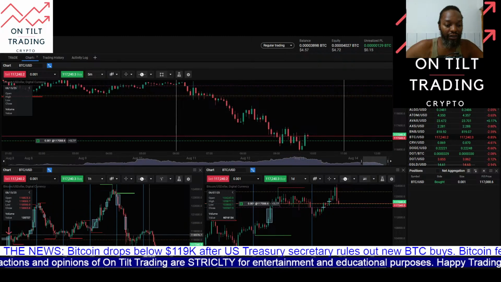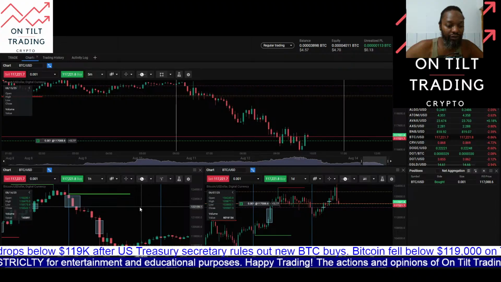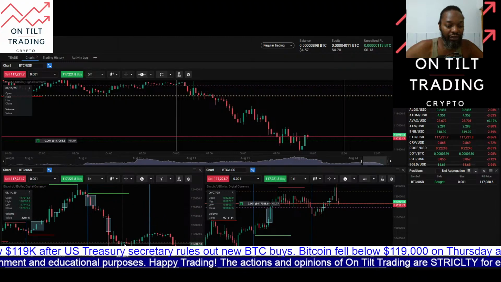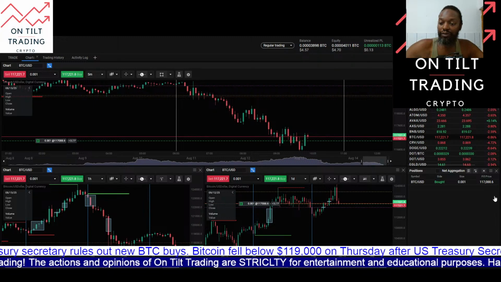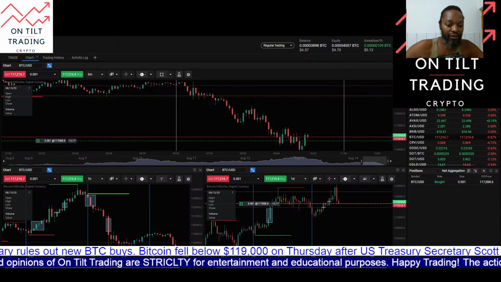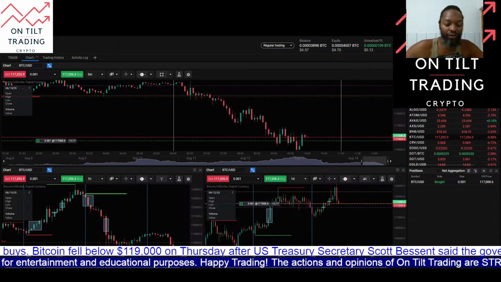And then right here, it's a little difficult to see because the price line is right on it as well. But this was yesterday's low, yesterday's session low.